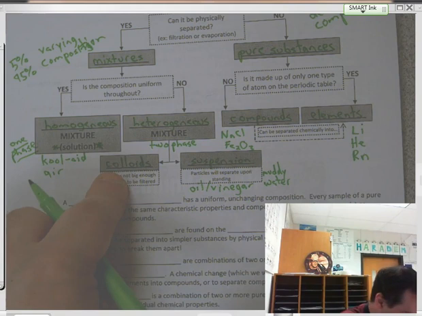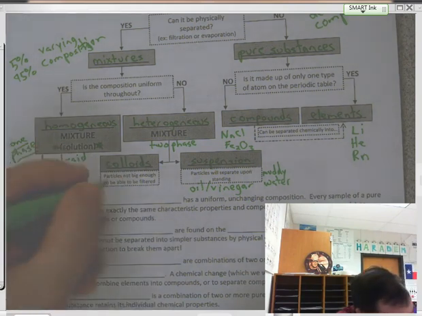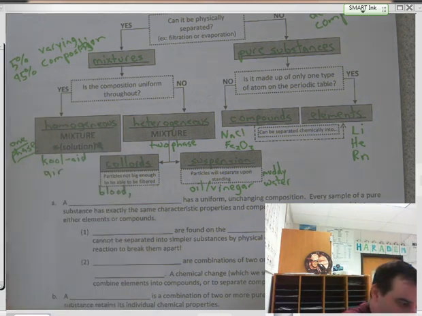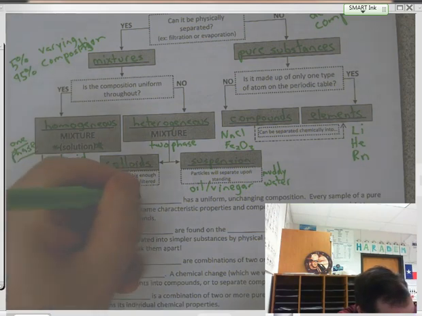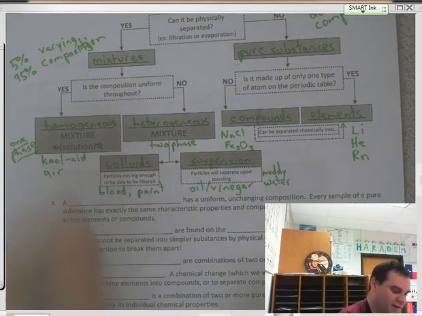An example would be blood, because there are platelets, white blood cells, almost said black blood cells, or blue, or green. There's red and white in there. Another colloid example would be paint.